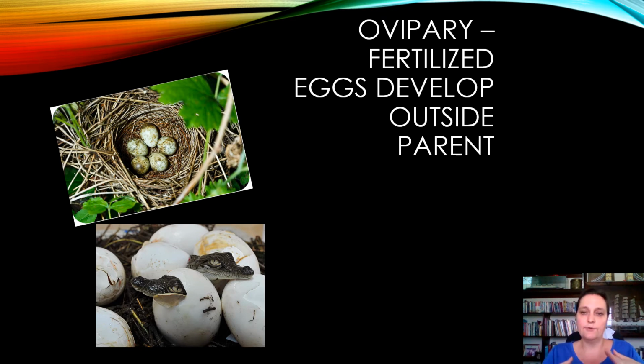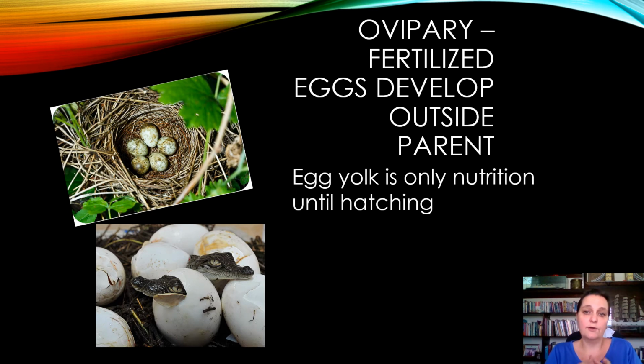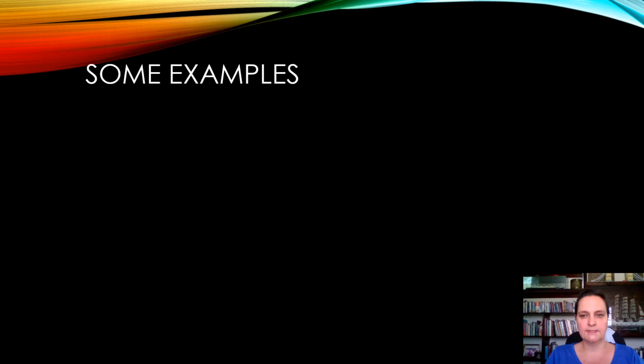Now, how that embryo develops and how it is sustained is because the egg has yolk inside of it, and that is what is going to provide nutrition until the egg has hatched. This, of course, is energy saving for the mother because there is no developing embryo inside of her, so she does not have to expend energy on protecting and nourishing that developing embryo.